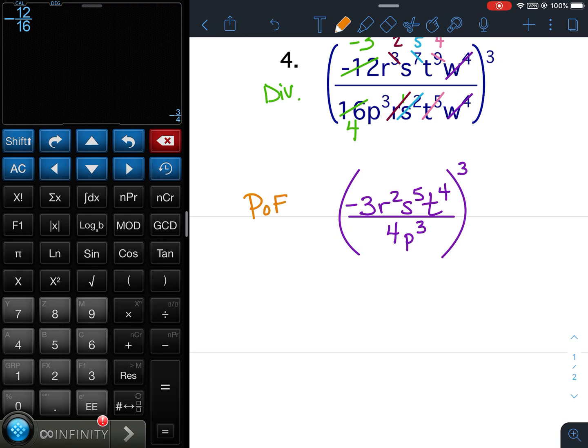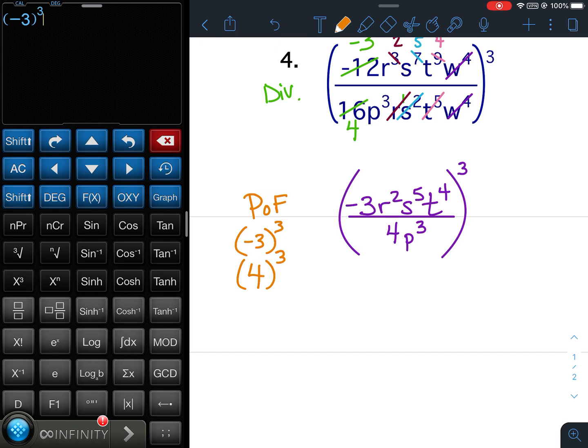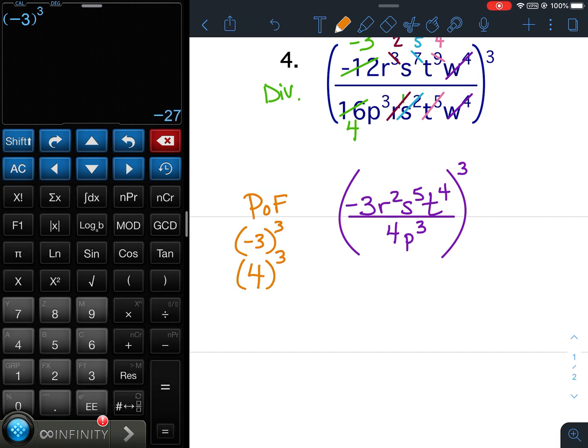Not only do I need to do the negative 3 on top to the 3rd, but on the bottom I'm going to have to take 4 to the 3rd. So starting with negative 3 to the 3rd power, we get negative 27.